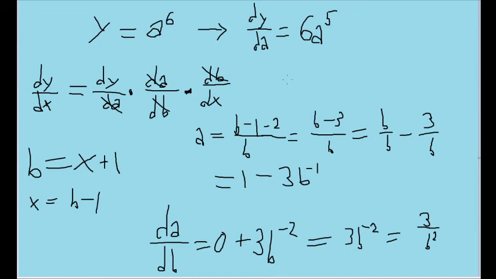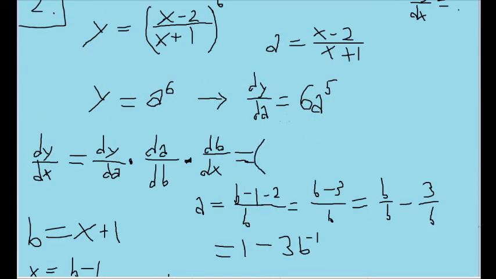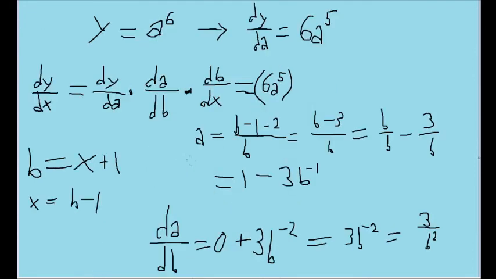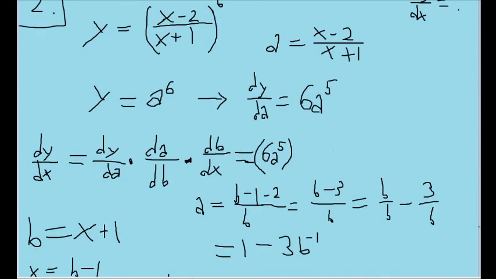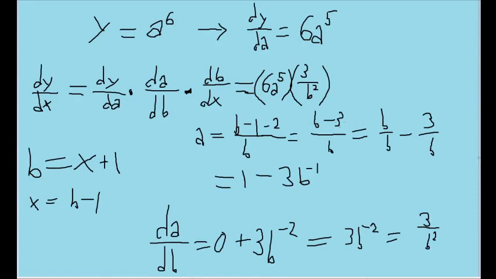Now let's actually substitute in all the individual functions we created. We know that the derivative of y with respect to a is equal to this term up here, 6a to the power of 5, times the derivative of a with respect to b, which we found as 3 over b squared, times the derivative of b with respect to x, which is just 1.